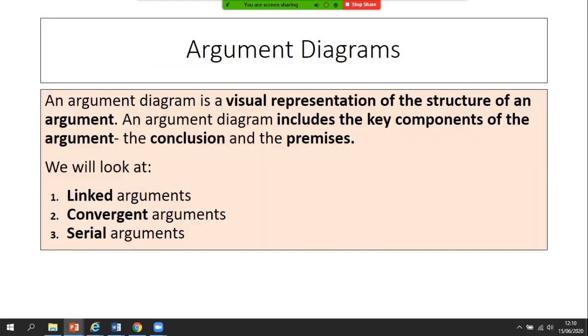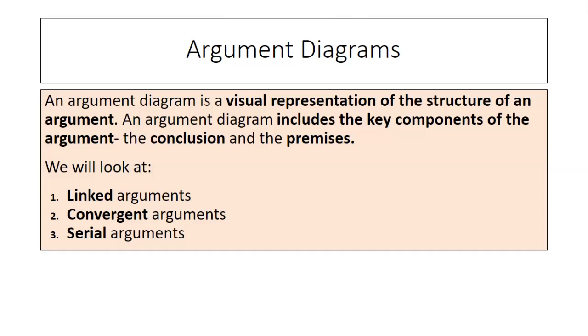So an argument diagram is a visual representation of the structure of an argument. An argument diagram includes the key components of the argument, which are the conclusion and the premises. You should know that already. We're going to have a look at 3 different kinds of argument and a 4th kind, which can be any combination of the 3.